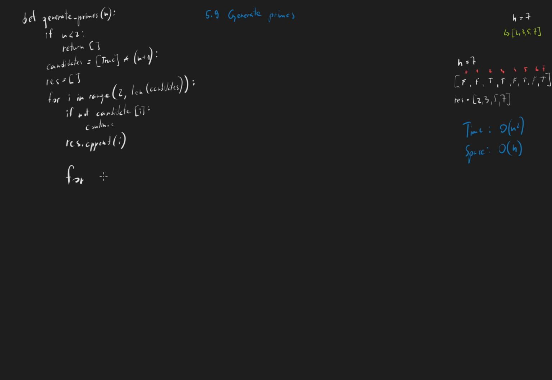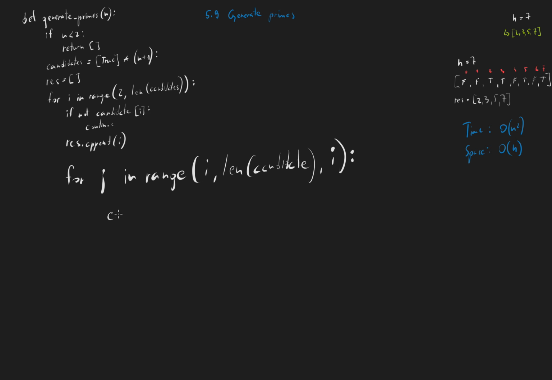So for j in range, and we start from i till candidates, and the step can also be i, right?